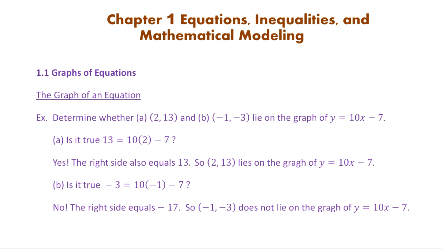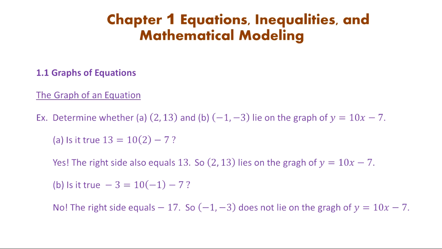The next point, (-1, -3). Again, you just plug in -1 for x and -3 for y in the equation and see if the equation holds. On the left side, we got y, which is -3. On the right side, we got 10 times x, which is 10 times -1, minus 7.